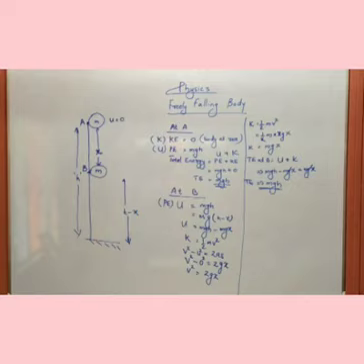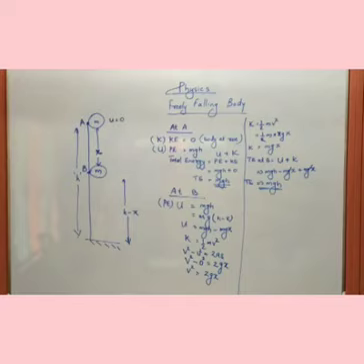That height from the ground level is h minus x. Then mg into h minus x. We have to remove that bracket. Then mgh minus mgx. We got the value of potential energy, U is equal to mgh minus mgx.